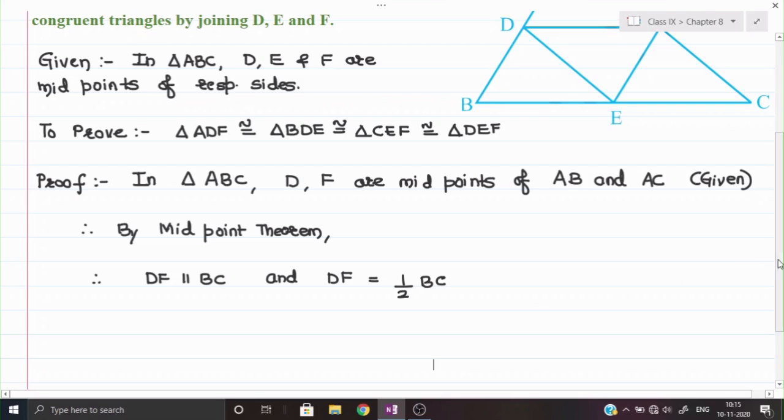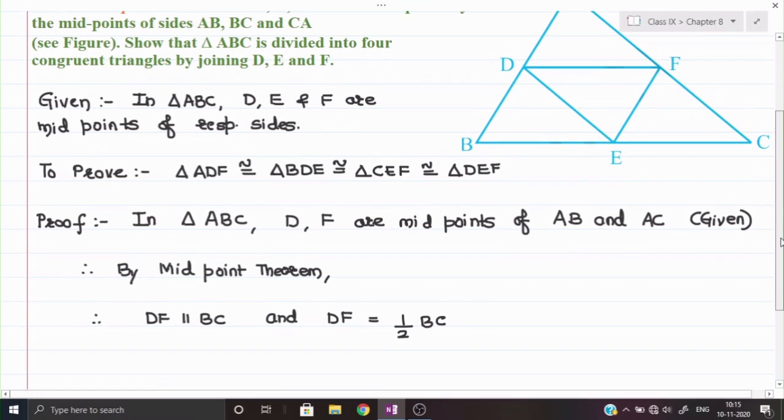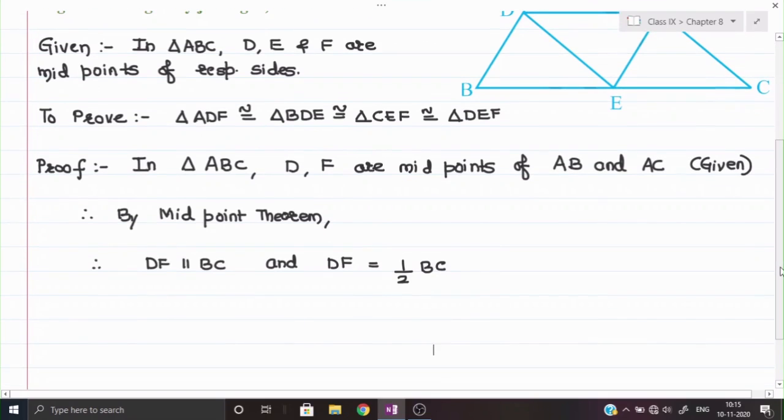Now you see, already DF is parallel to BC, then DF will be parallel to BE also. And one more thing, DF will be half of BC.